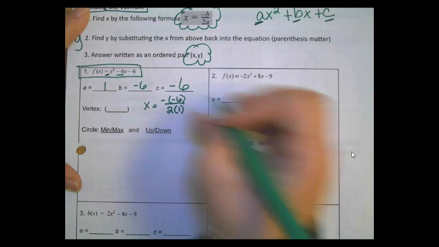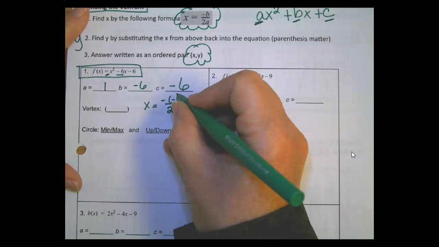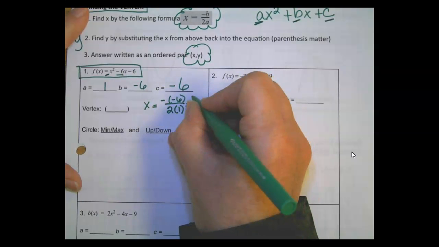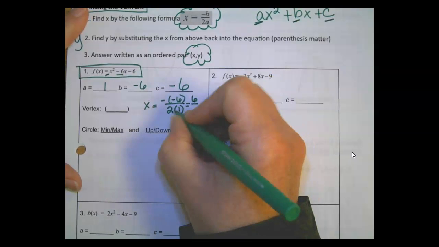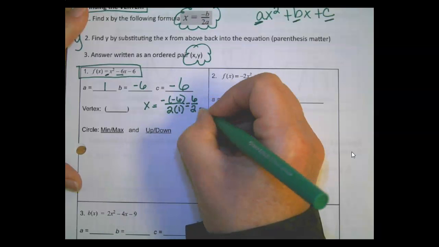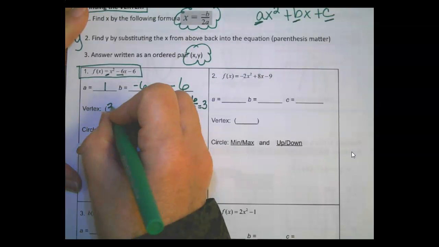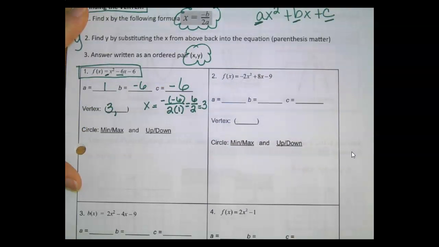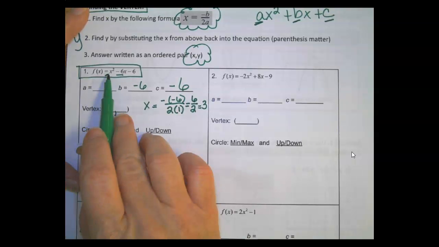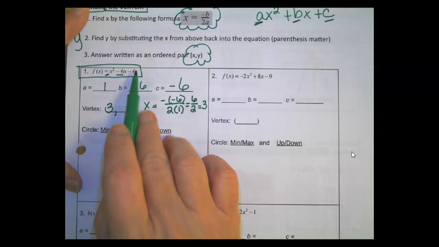Now, when you're calculating this on a calculator, you need to do these separately. So a negative -6 in your calculator should give you a +6. 2 times 1 is 2. And now you can say, what is 6 divided by 2? And that should give you 3. So that's my X. To find my Y, I'm going to substitute this back into this equation where these X's are.